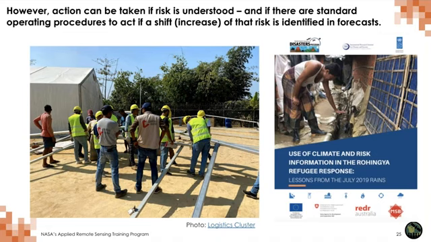That was one of the goals of our work, which was funded by NASA as part of a project we called COMPAS, that led to a workshop in which the report on the right-hand side was produced: Use of climate and risk information in the Rohingya refugee response.